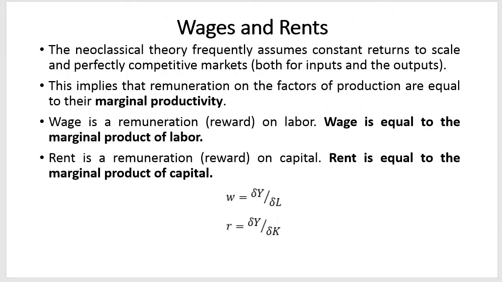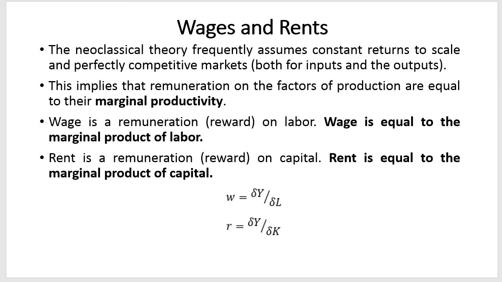So when it comes to wages and rents, we assume that on a perfectly competitive market, wage is basically equal to the marginal product of labor times the price of output. But, just to simplify our analysis, we can assume that the price of output is equal to $1, which makes sense because if we assume that output is expressed in monetary terms, then the price of 1 unit of output is exactly equal to $1.